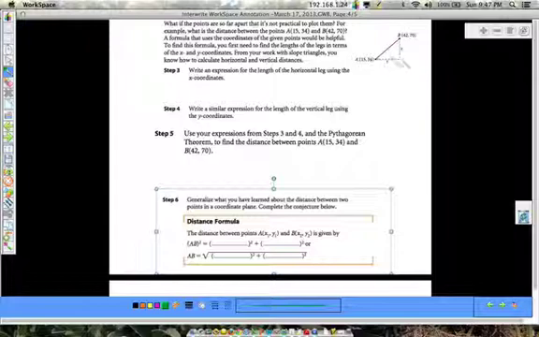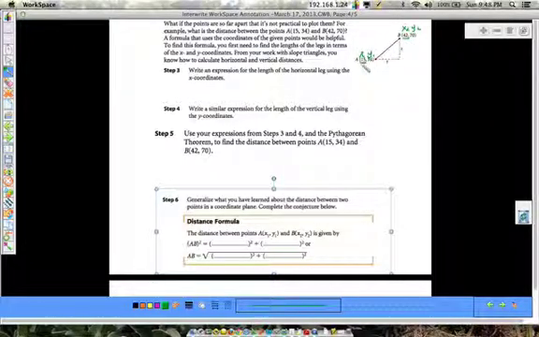So we see, just like we did with our previous example, to find that horizontal distance, we look at the difference in the x. So if we call this point x1 and y1, and this is our point 2, we could call this x2 and y2. To find that horizontal distance, we look at the x values.